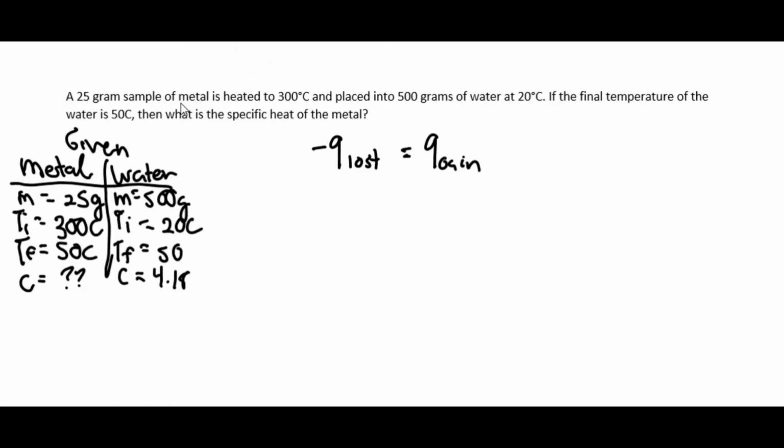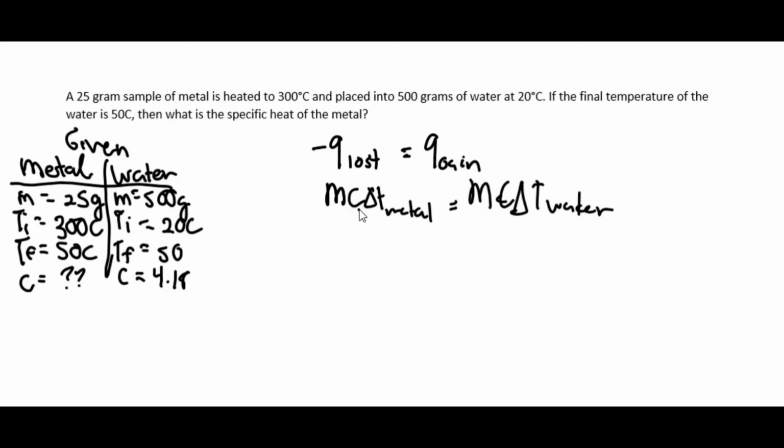If your answer is the metal, you're correct. The metal will lose heat while the water will gain heat. So let us set up the equation: mcΔT for metal and mcΔT for water.